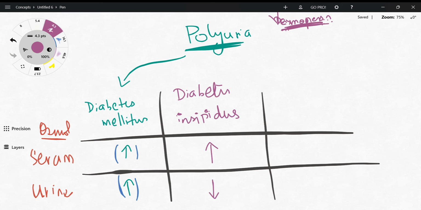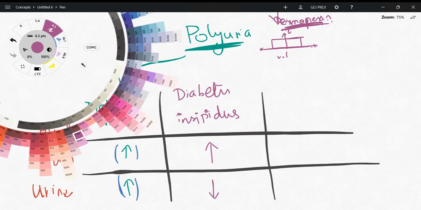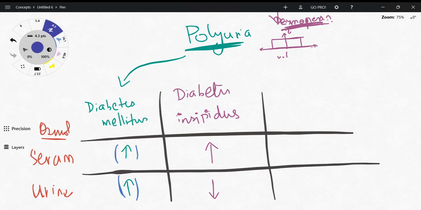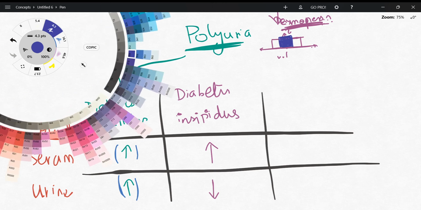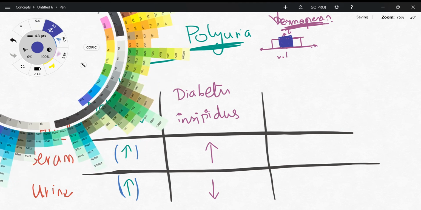And if you plotted volume against osmolarity, so let's say this is volume and this is osmolarity and this is normal, your patient with diabetes insipidus would look something like this, like low volume, like volume contraction, and high osmolarity of the serum, and also hypernatremia because of a lot of fluid loss.